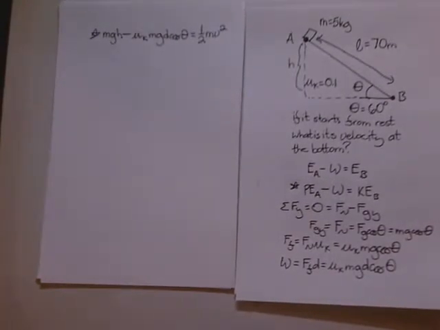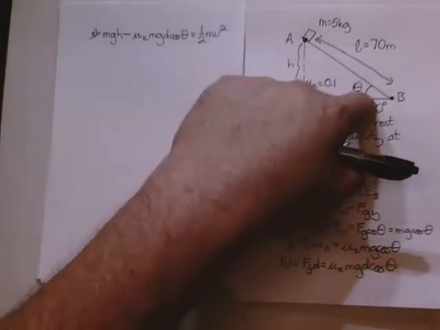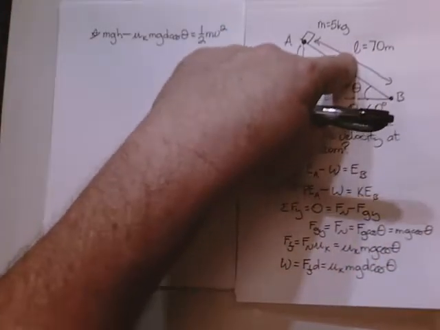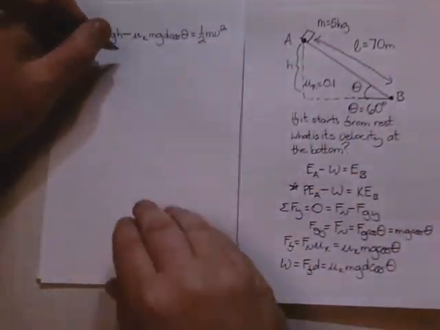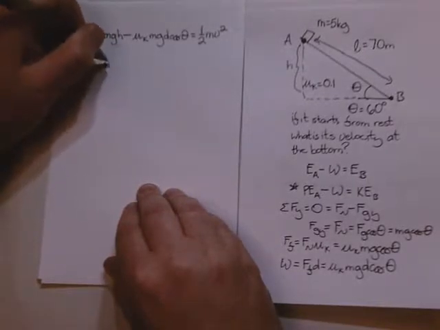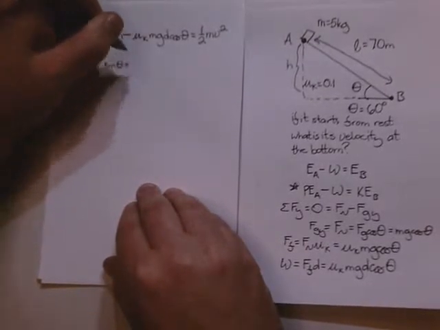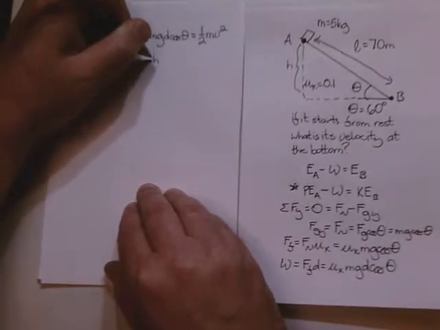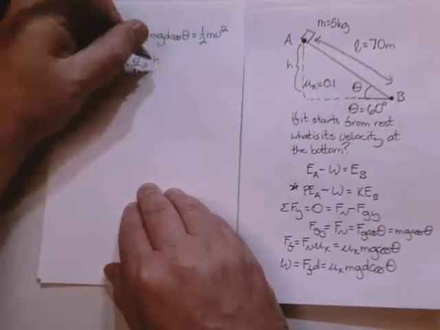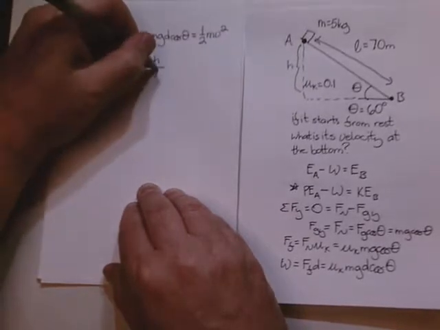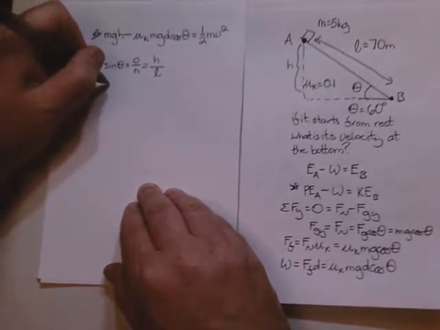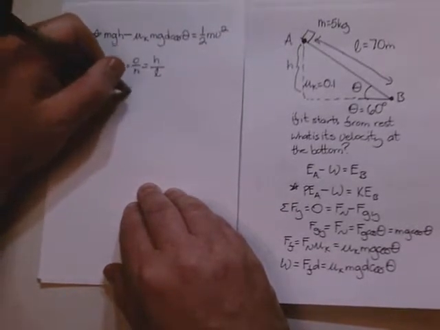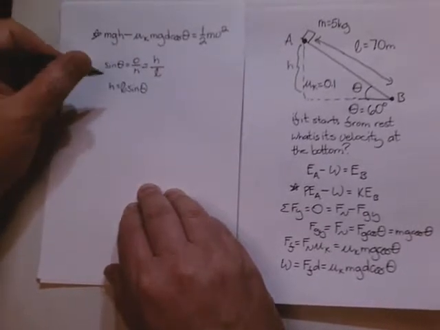Well, if I don't know h, I have this angle and I have the hypotenuse. So sine of theta, which is opposite over hypotenuse, is, now this h is the length h. The hypotenuse is L. So h is L sine theta.